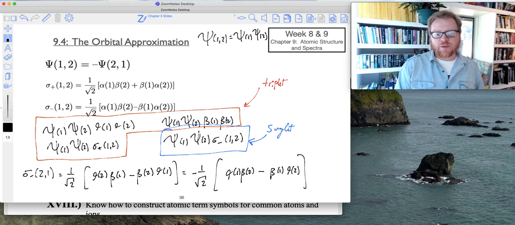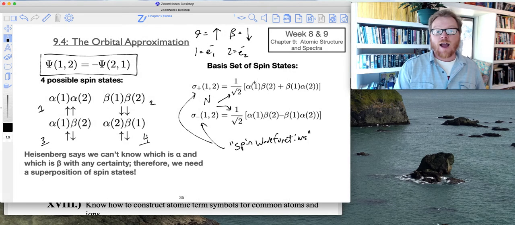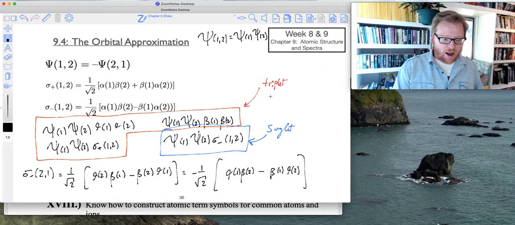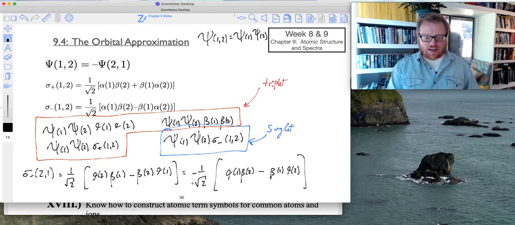And now let's compare this really quick. Alpha 1 beta 2 minus beta 1 alpha 2. Alpha 1 beta 2 minus beta 1 alpha 2. Okay, so let's see. What happened here? Did I make a mistake in my math? Oh, no, I did not make a mistake because I have a negative sign right here.